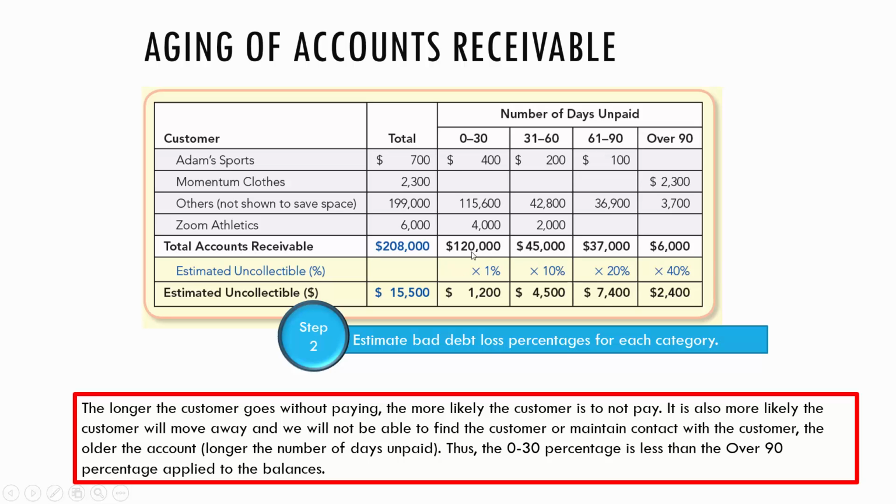So you categorize each one of those amounts into the buckets, and then you use your estimation of what amounts in each bucket will not be collected.